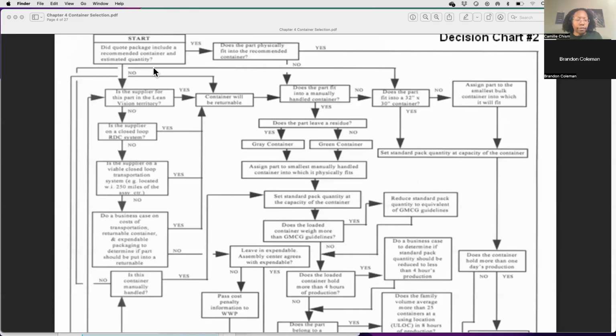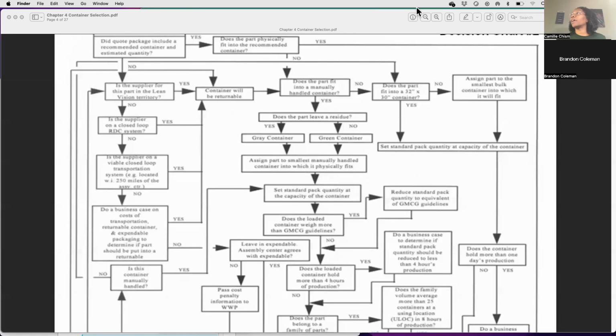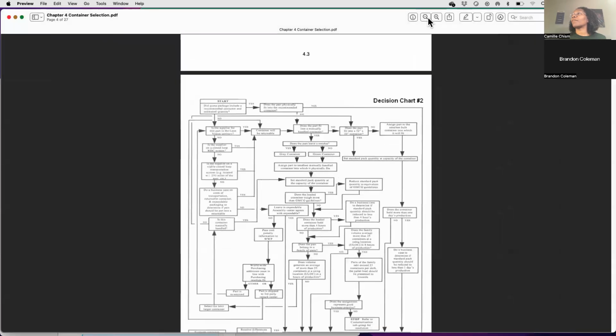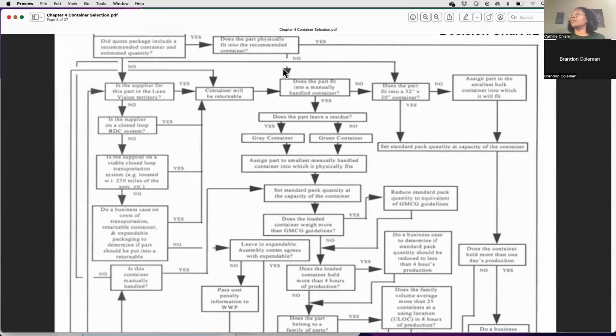Okay. All right. So again, that's why it's really important early on to be involved, because you can see: did the quote package include a recommended container quantity? I'm going to zoom out. Okay, so this is all the no. So let's see what happens if you know that the product needs dunnage, but it's quoted without dunnage.